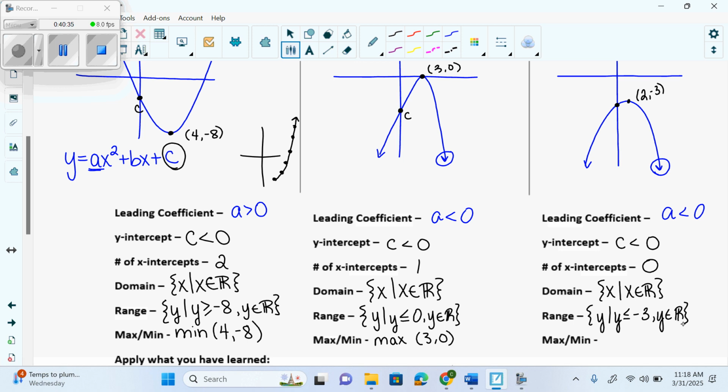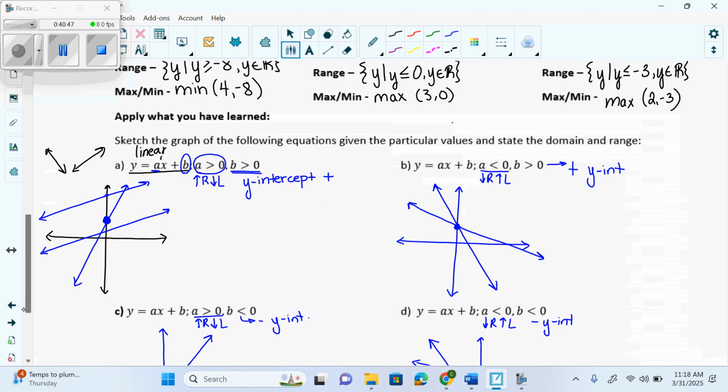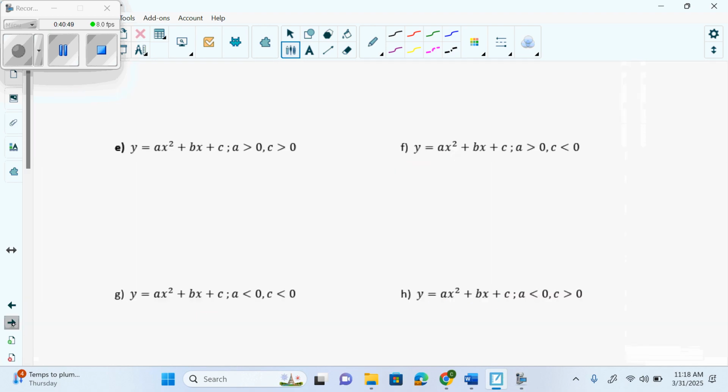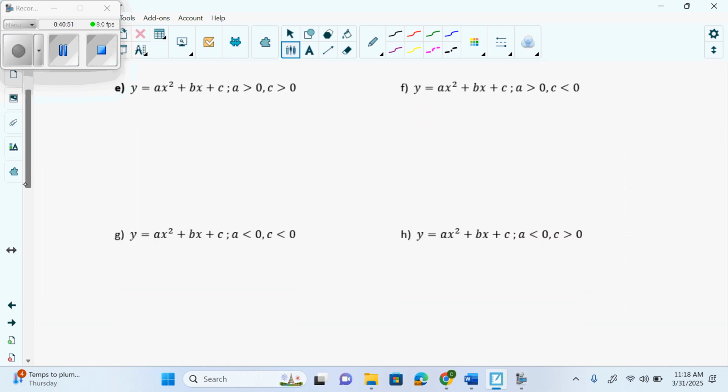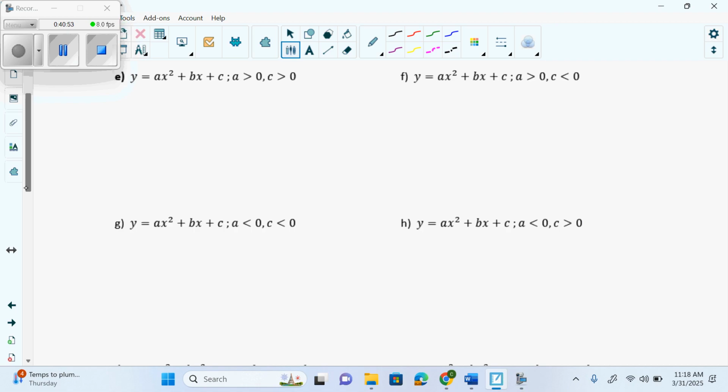All right. This one has a maximum at (2, -3). All right. So if you look here, we have the linears. And we flip over. Look. E, F, G, H, go.